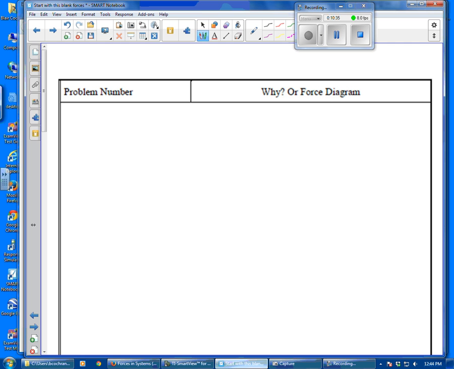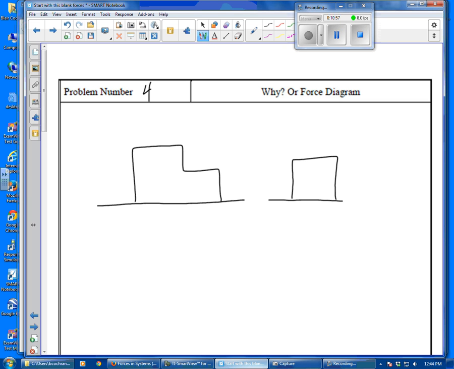So, number 4. How many force diagrams do I need? 3. How do you know 3? System, and then there's 2 bodies, 2 boxes in the system. Excellent. So here's my system. And then I have the large box and the small box.